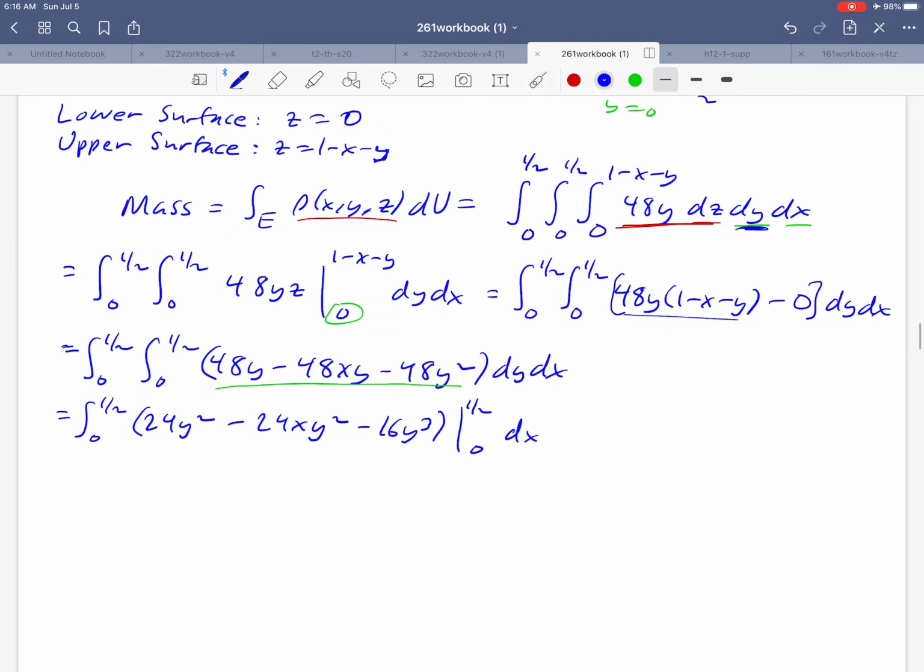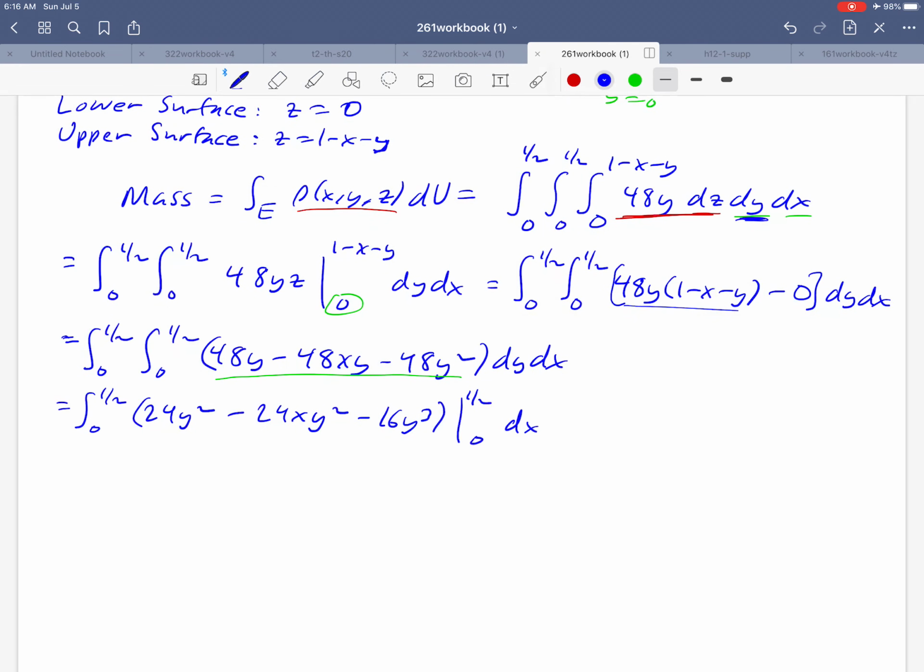dx. And so now we're going to plug in 1/2 for all of our y's. So we would get 24 times 1/2 squared minus 24x times another 1/2 squared minus 16 times 1/2 cubed.